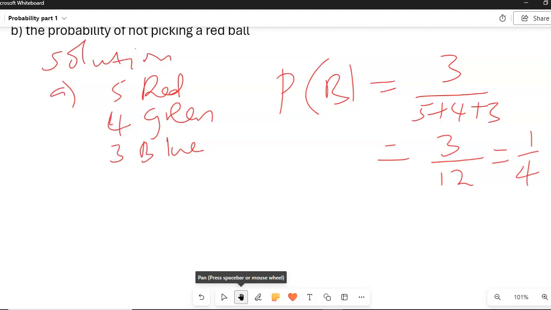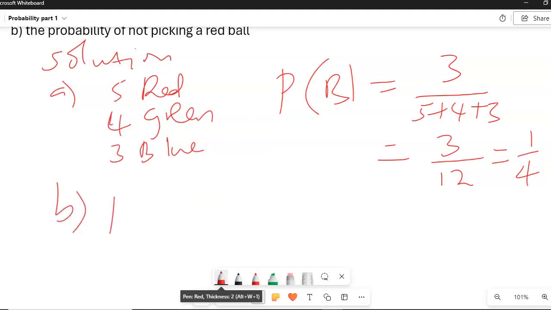So the probability of not picking red, let me call it red prime, will be the probability of picking green and blue. Green and blue are 4 plus 3, 7, and then we divide by the total number of balls, which is 12. So that is the probability of not picking a red, or in other words, picking a green or a blue.